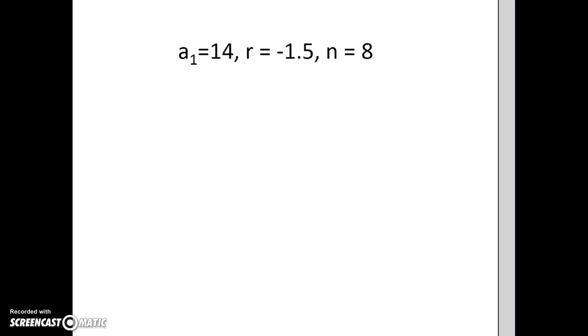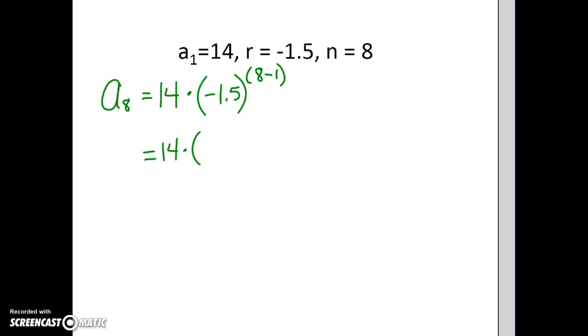One more. We are again starting with A to the 1 is 14. 14 times -1.5 raised to the 8 minus 1. The term is 8, so A at the 8th term. 8 minus 1 is, of course, 7.